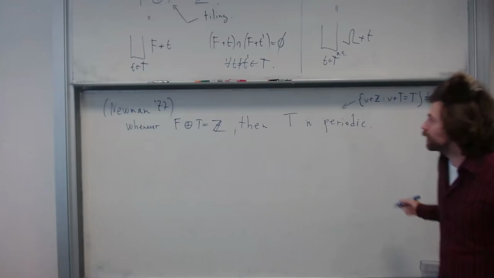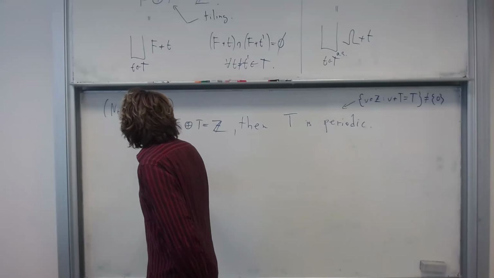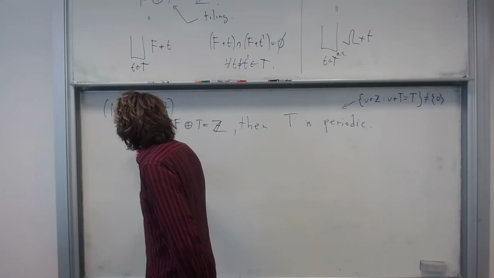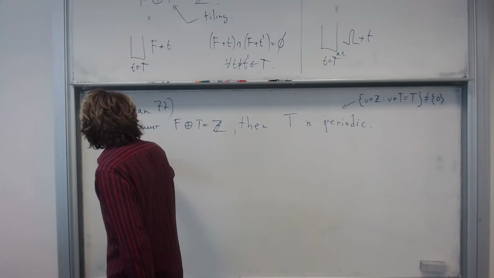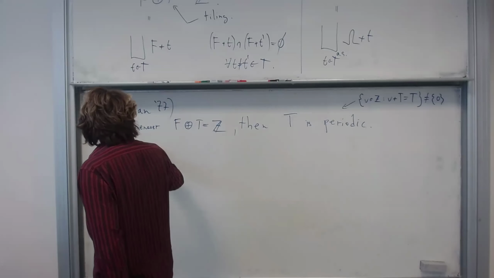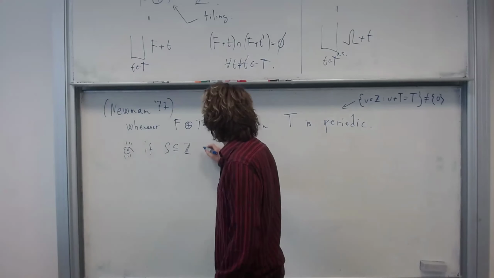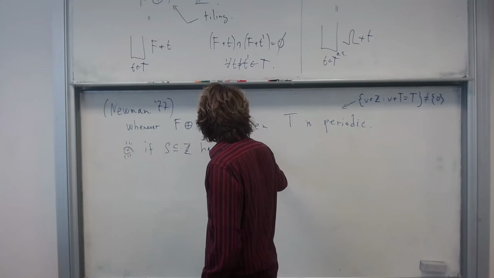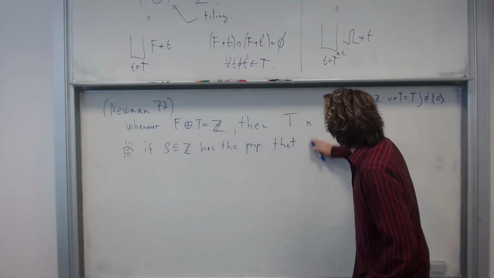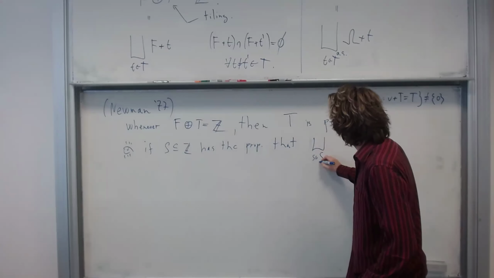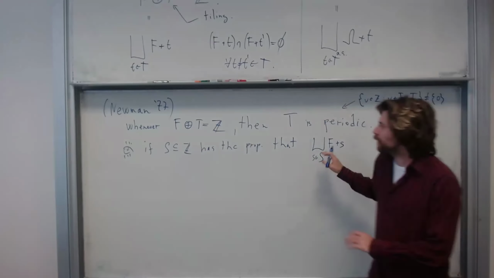Let me sketch very briefly the idea of how to prove this. The observation is that if some S has the property that the shifts F plus S are disjoint, then S doesn't mean that I am covering the whole thing.